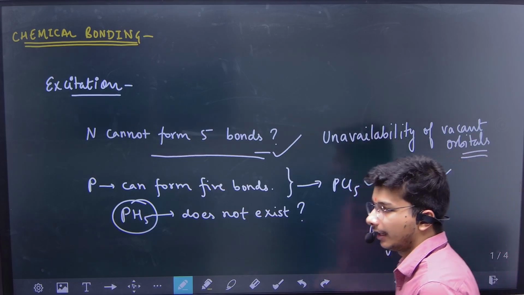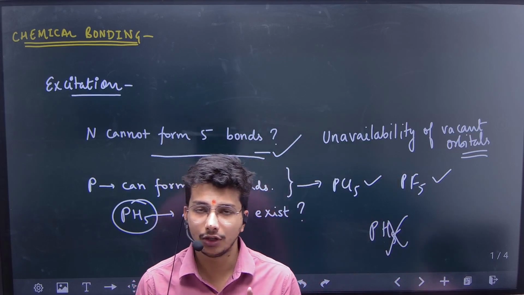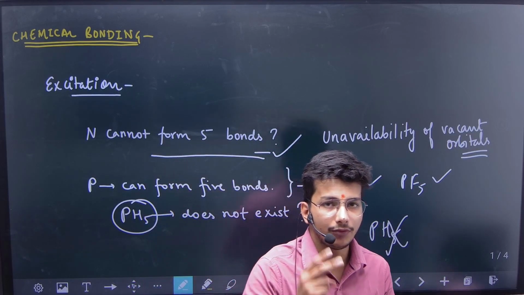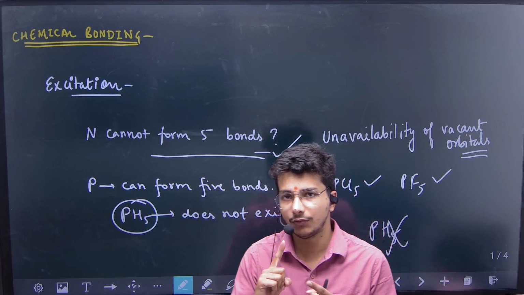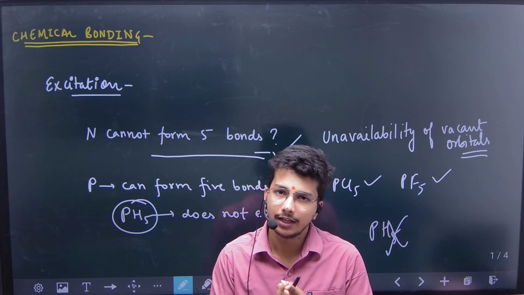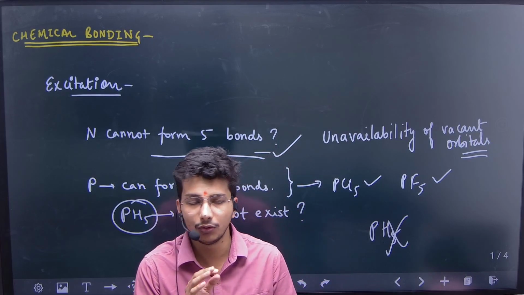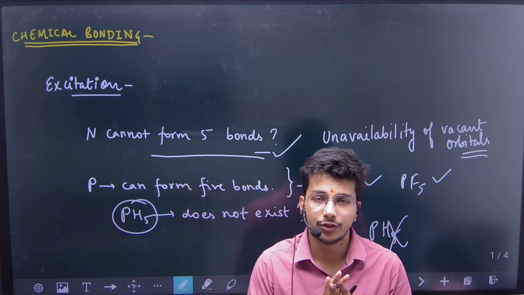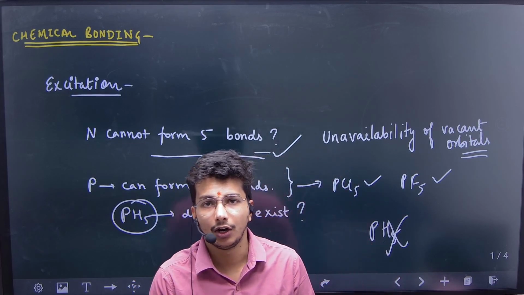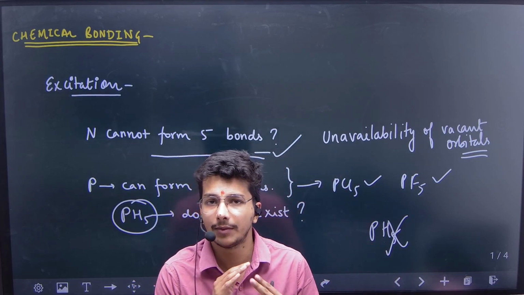No. Why? Because hydrogen is not sufficiently electronegative, and we have two conditions for excitation. The first condition was availability of a vacant d orbital, which is present in phosphorus in the form of 3d0, but the second condition, an accessible energy gap, is not present in phosphorus. The energy gap is not accessible.